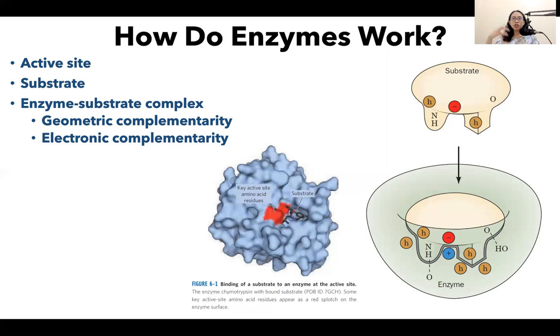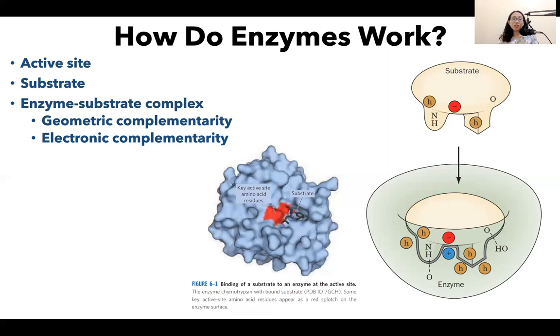They are just like polypeptide chains floating inside the cell. But if they encounter their substrate, that's when they take a specific three-dimensional structure. So this is something new. It's not aligned with the lock and key and the induced fit models.